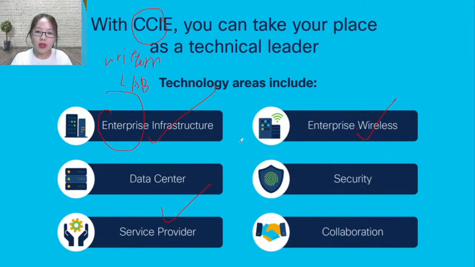And the enterprise wireless certification shows you demonstrate a broad range of knowledge regarding both wireless networking and wireless local area networking technologies. And I also want to introduce the security.